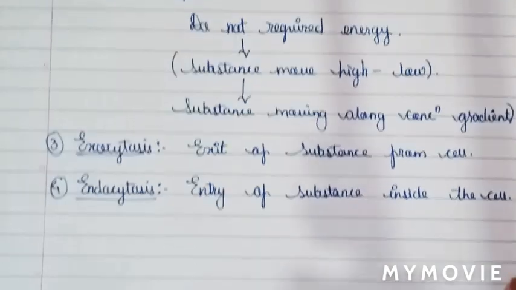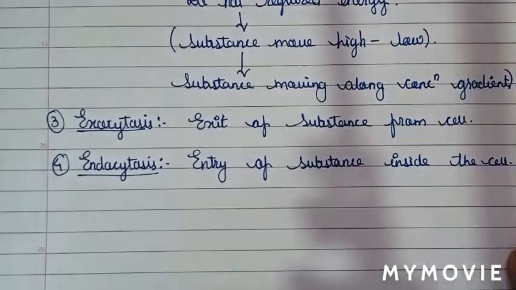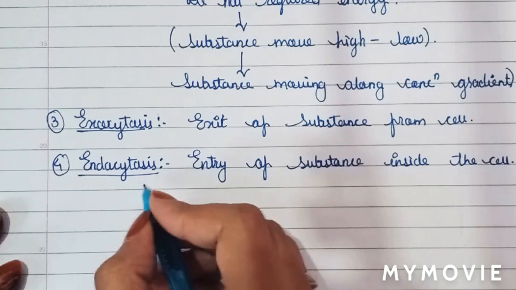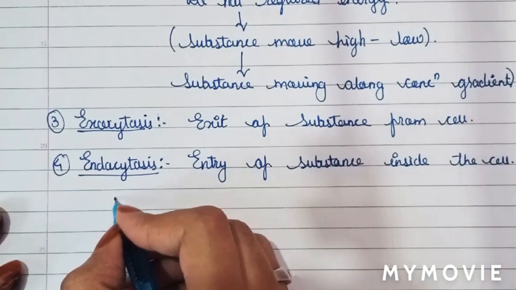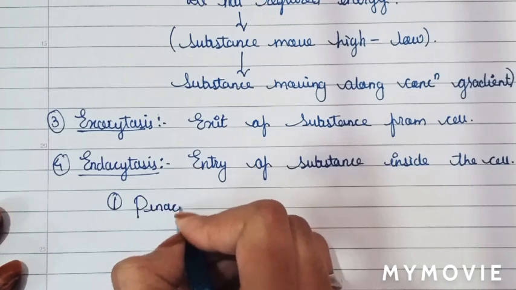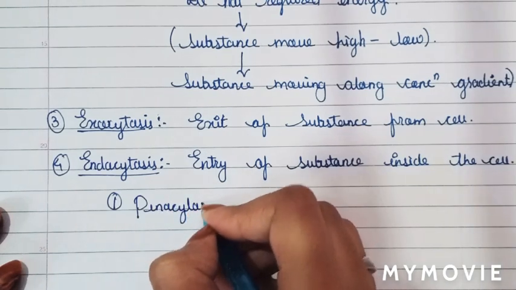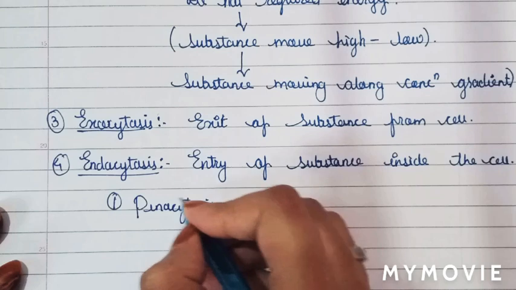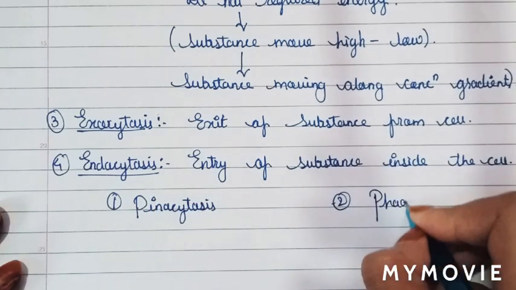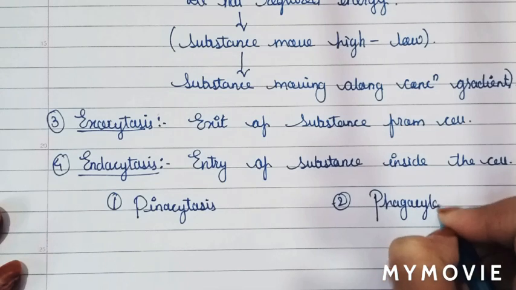Now we are going to see endocytosis. There are two types of endocytosis: first, pinocytosis, and another one, phagocytosis.